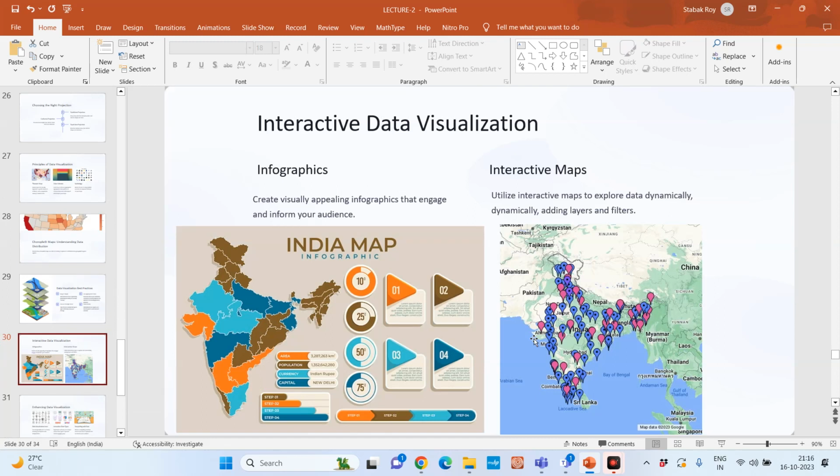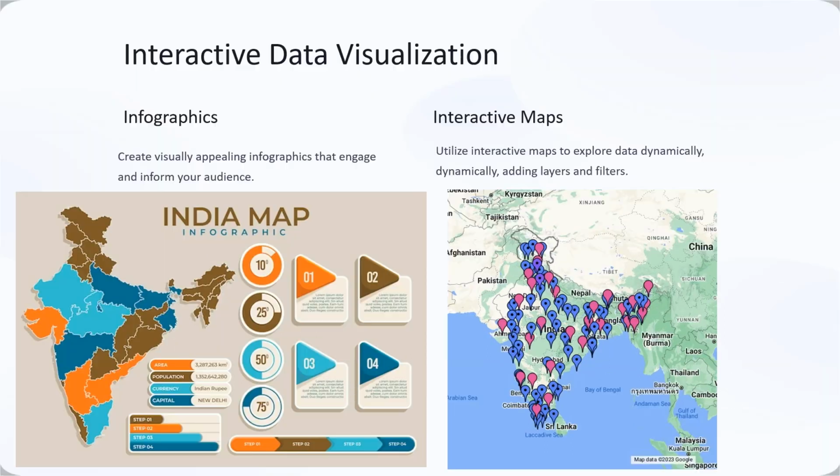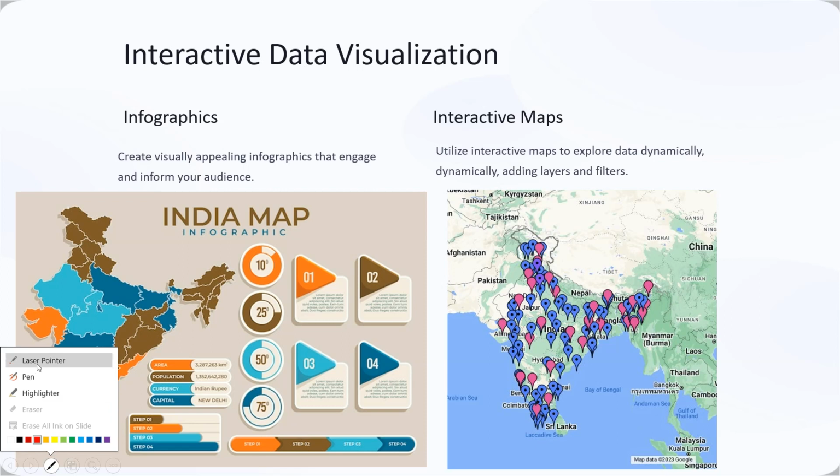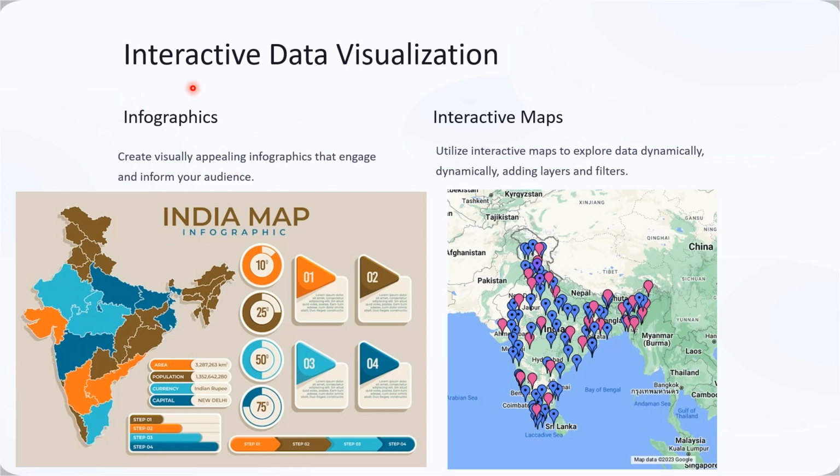And when you visualize that map, there are two kinds of map nowadays in the modern map. It is called the interactive map and the infographic map. What is the difference between the interactive map and the infographic map? If you look at the term infographic, it means there is some information and a graph also, okay.